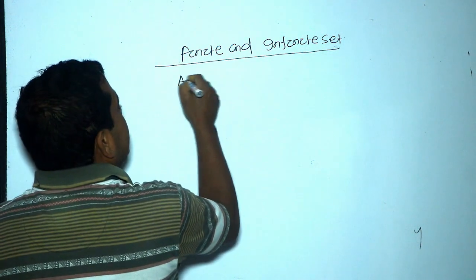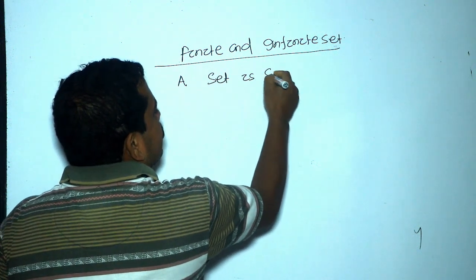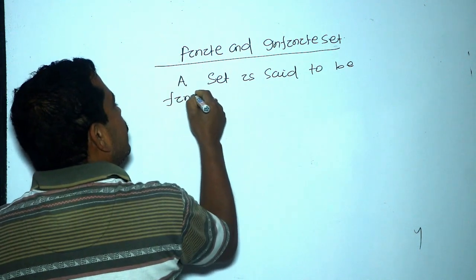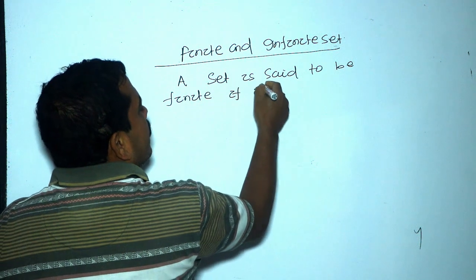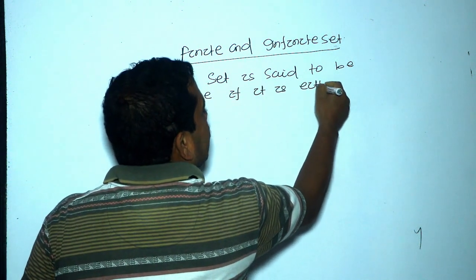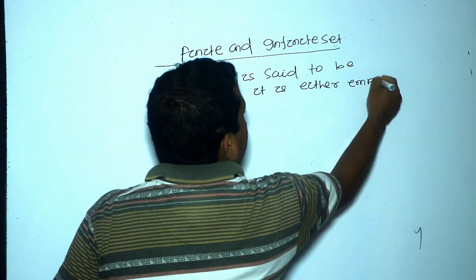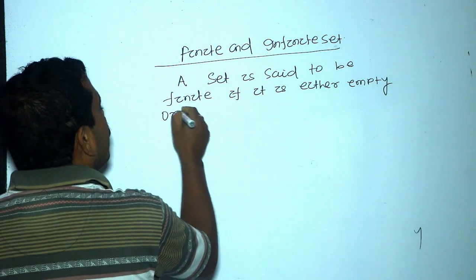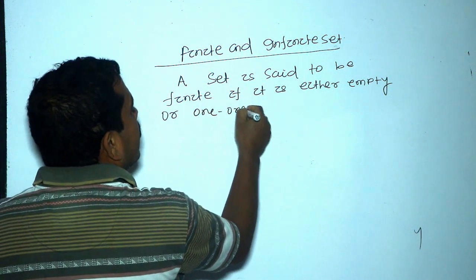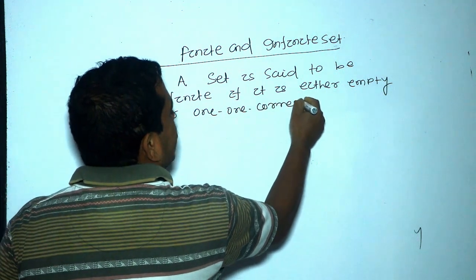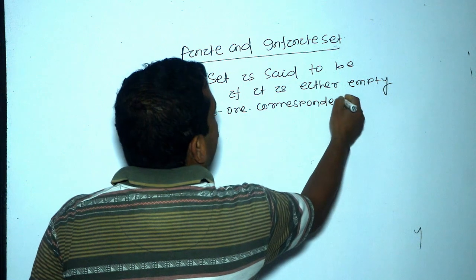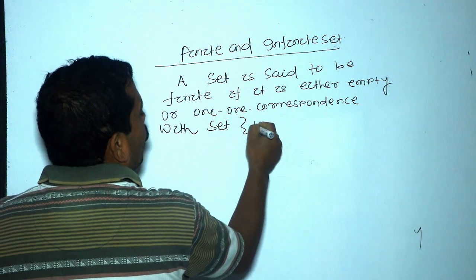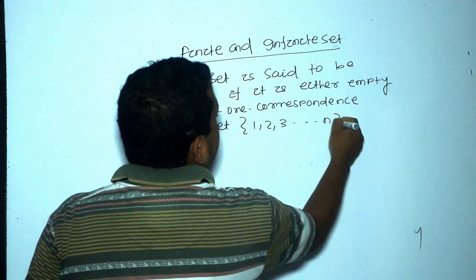So a set is said to be finite if it is either empty, since every empty set is finite, or in one-to-one correspondence with the set {1, 2, 3, ..., n}.